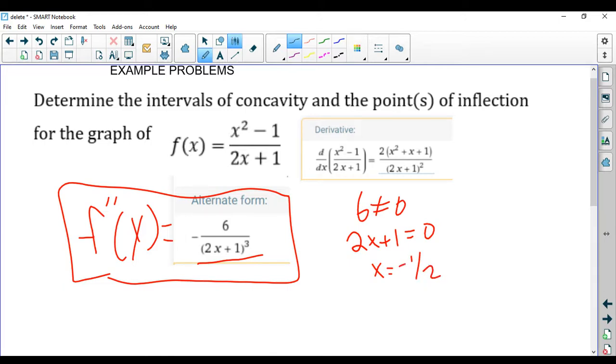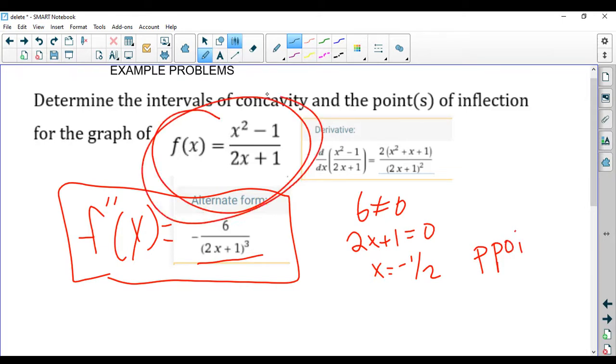Here's the thing, though. You can't call that a possible point of inflection because it's not going to be a point of inflection. Look at the original function. The bottom is 0 at negative 1/2, which means x equals negative 1/2 is really just a vertical asymptote.